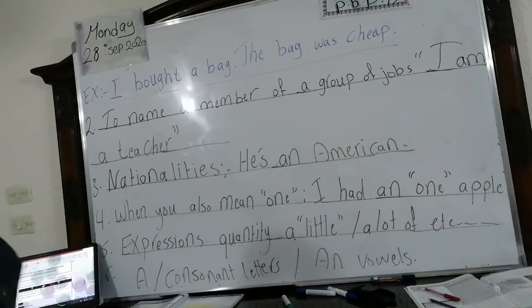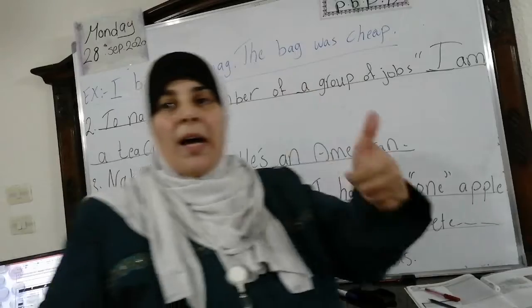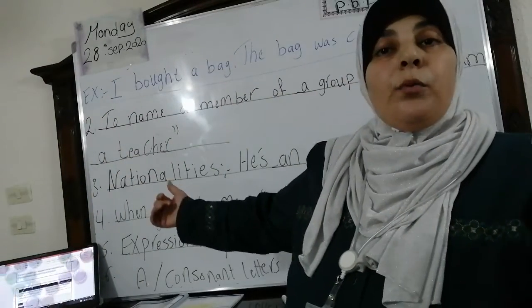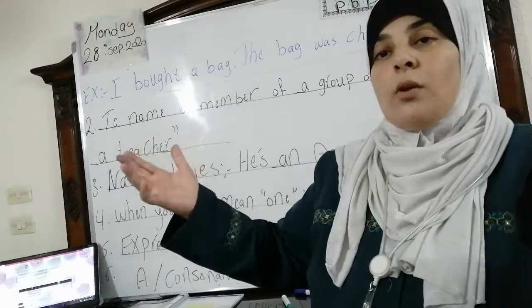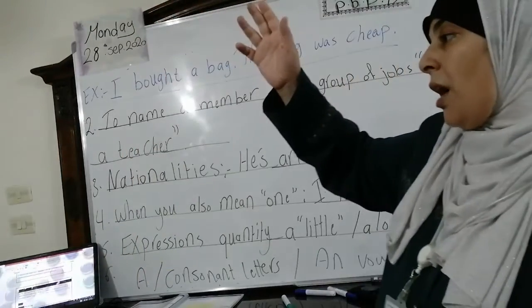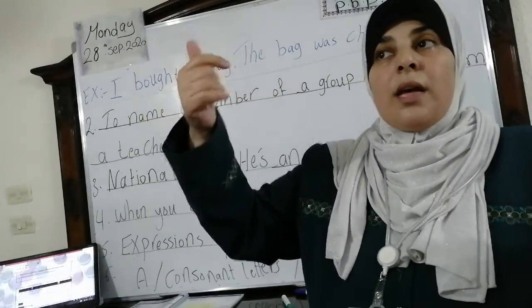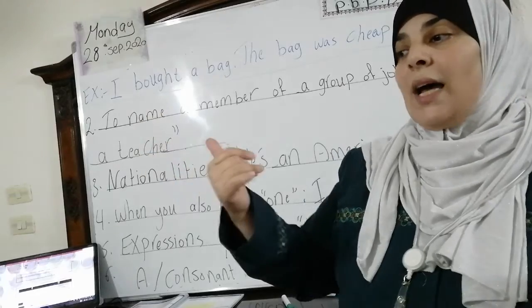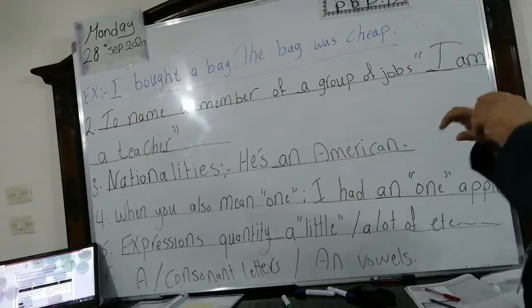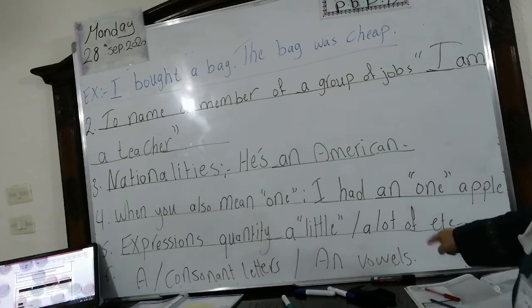Now number six. We know that we have a, an, and the. A goes with the words that start with consonant letters. What do we mean by consonant? All the letters that are not vowels. We have the vowels E, I, O, U, and A. The article an goes before the words that start with the vowels.